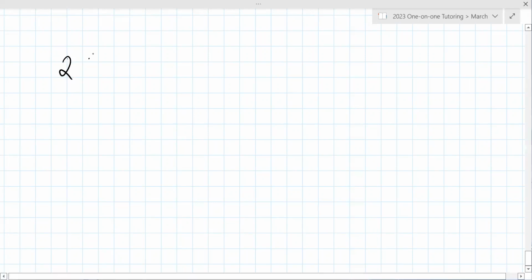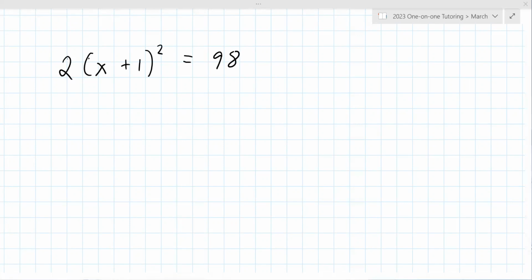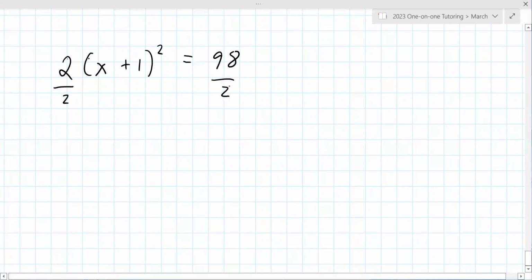Yeah. So let's say it's 2x plus 1 squared equals 98. This is a new problem. It's kind of like the 12. So first thing you do is divide by 2, because you really want to isolate that squared.